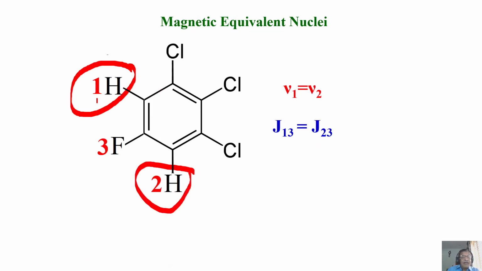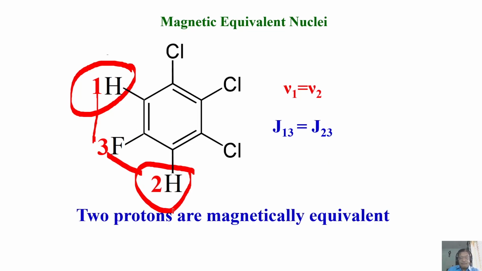What about coupling? This coupling is equal to this coupling. J13 is equal to J23. What does it mean? Chemical shifts are the same, and the coupling of these spins with all other spins is also the same. That means these protons are magnetically equivalent. You understand? These protons are magnetically equivalent.